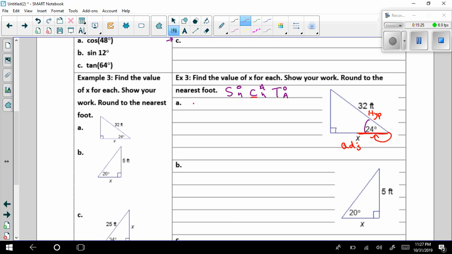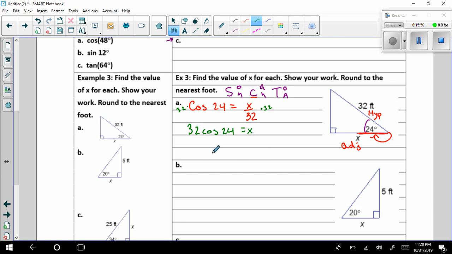So we're going to say, okay, the cosine of our angle, the cosine of 24, is equal to adjacent over hypotenuse, so x over 32. Our goal here is to solve for x, so we're going to multiply both sides by 32. So we end up with 32 cosine 24 equals x.